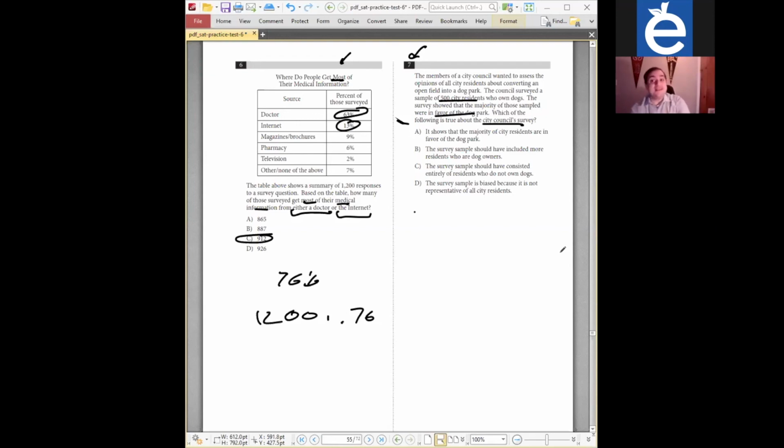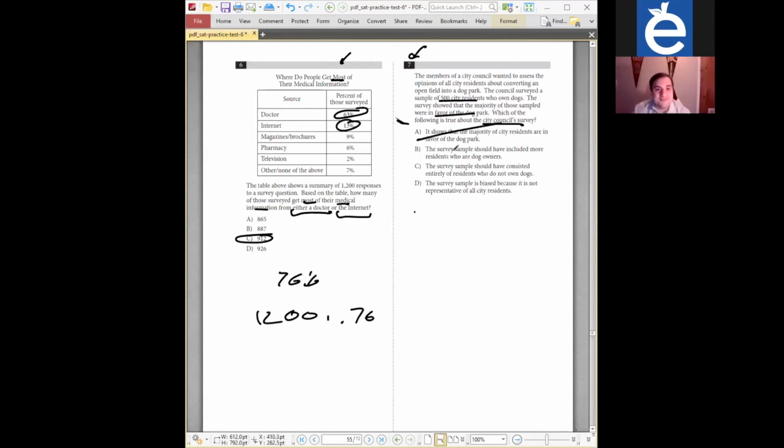Now, they made this one obviously problematic. However, honestly, it's still a problem if they only surveyed people at the fire station or if they only surveyed children, right? You still couldn't, but surveying dog owners is particularly egregious. But really, you can't say anything about the town unless you are randomly selecting people from the town and not a subgroup.